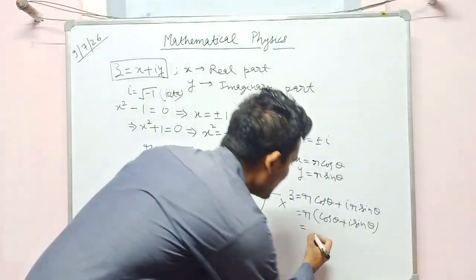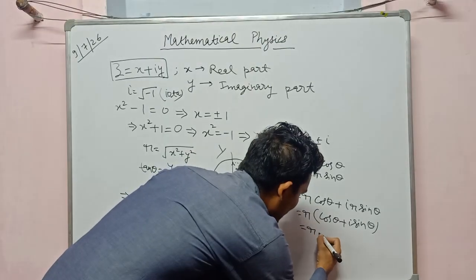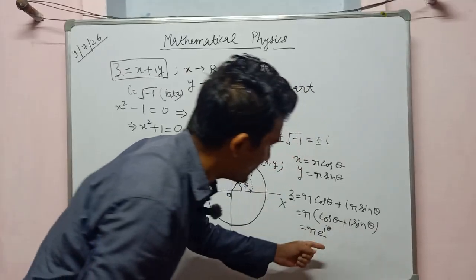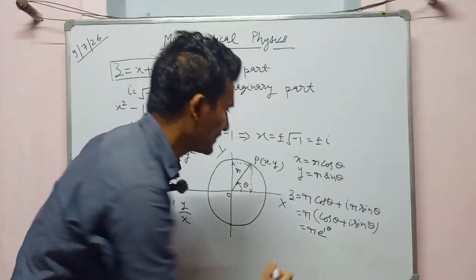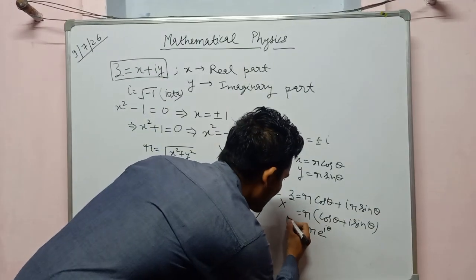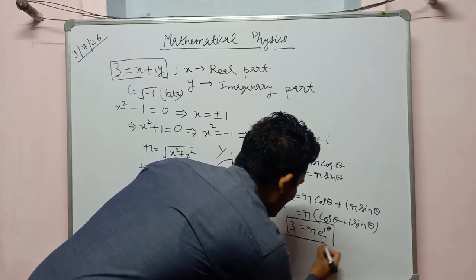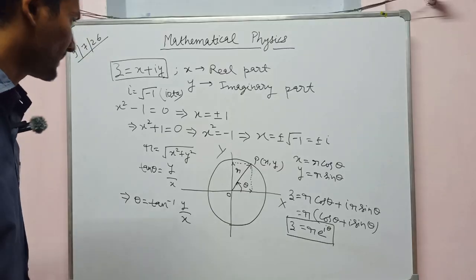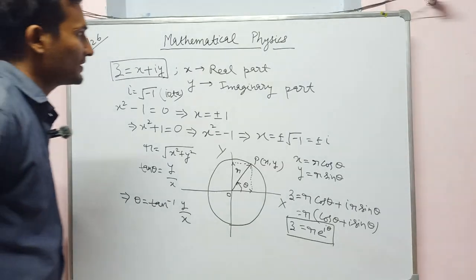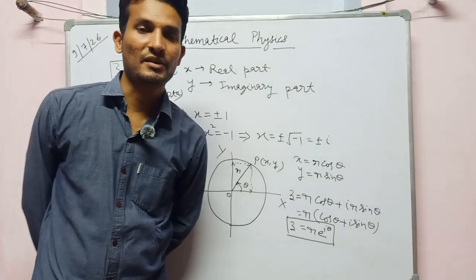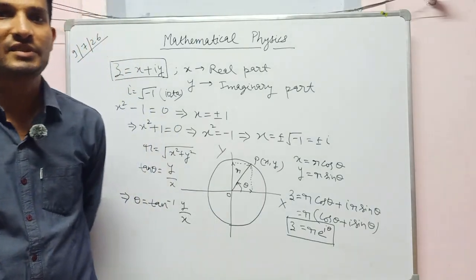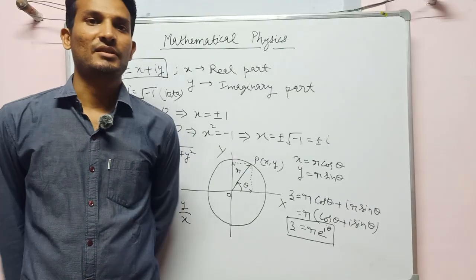It has a relationship with the exponential term, e raised to the power iota theta. So this is my second relation to write the complex number in another coordinate system. This is our preliminary reconceptualization of complex numbers, and we will discuss the next details in a further chapter.